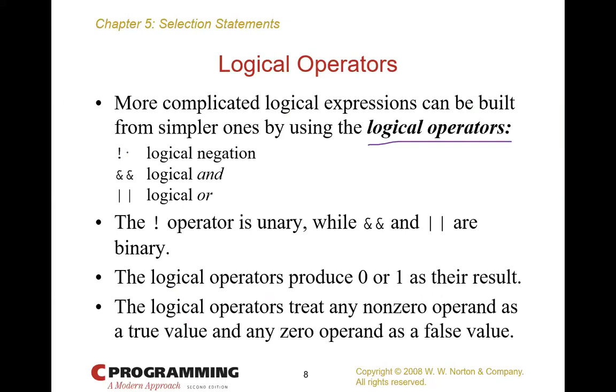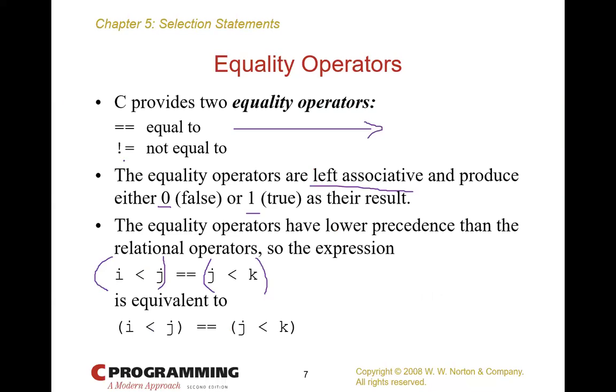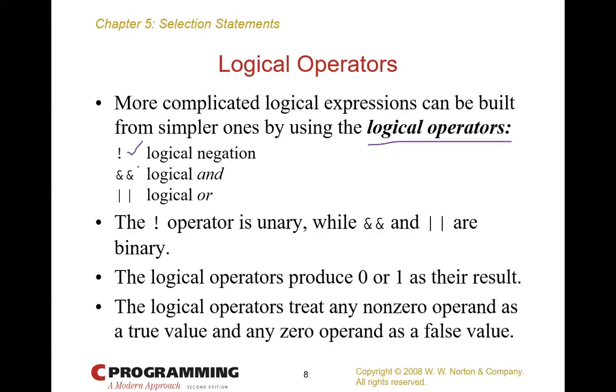So this is not, as we have here, the not or negation operator. This is logical negation. This is logical and. This is logical or. The not operator is unary, while the remaining two are binary. So what this means is we can say not x. You cannot say y not x.